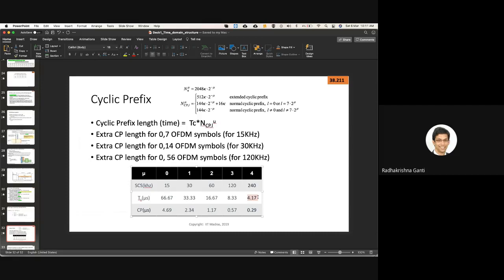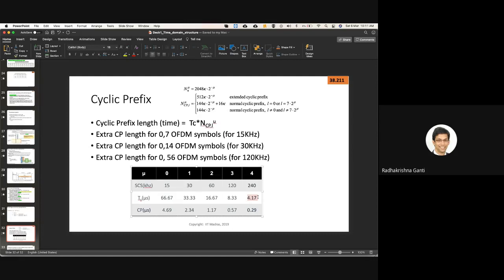So if you have a larger cyclic prefix, then as you go to higher and higher subcarrier spacings, your overhead becomes larger. Yes, because your cyclic prefix length depends on the delay spread. So that's one reason.